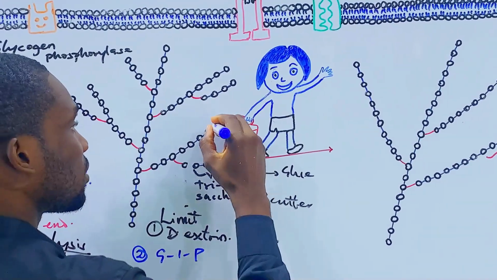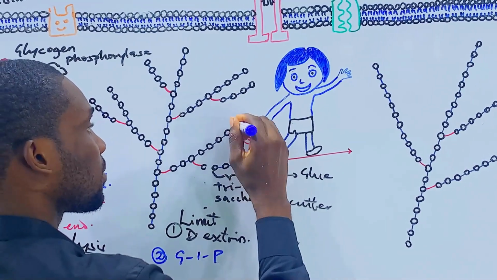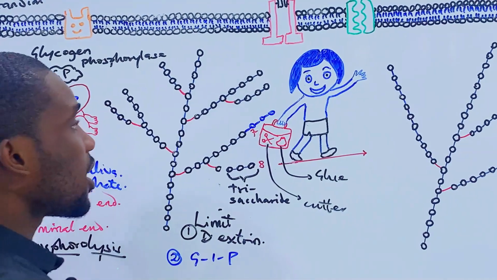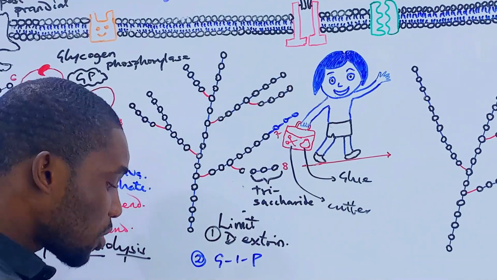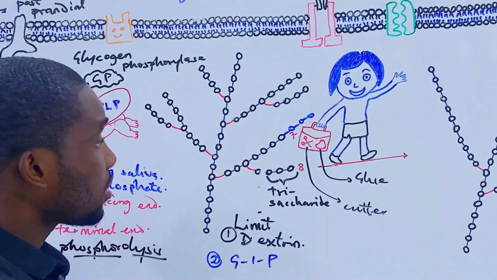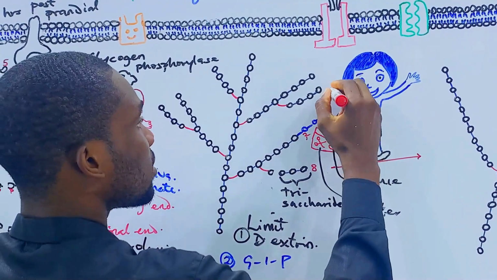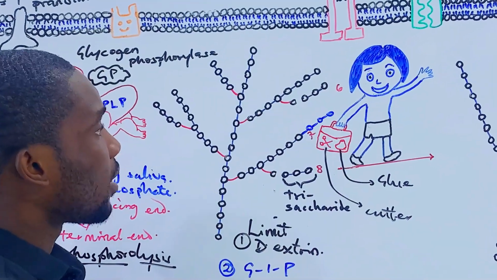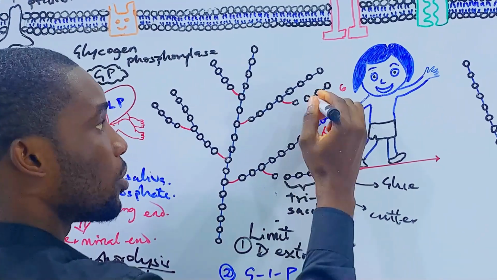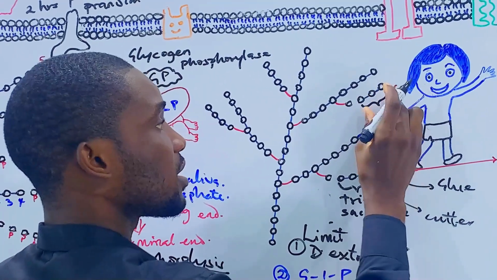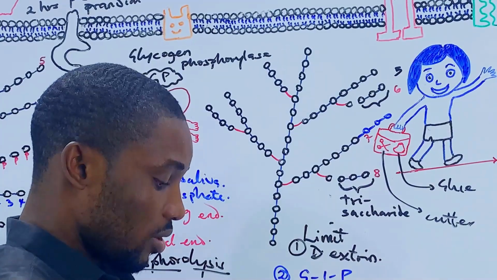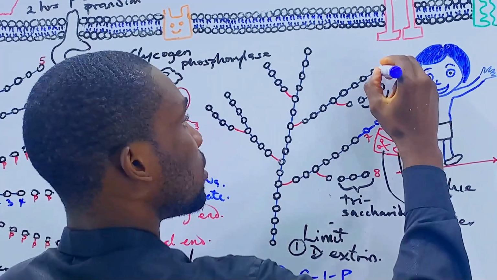Now we would have the trisaccharide added over here. She'll do the same for this one. So she comes over to chain 6, breaks this bond, that's the alpha 1,4 glycosidic bond, transfers this trisaccharide onto chain 5, right? So we would now have something like this.